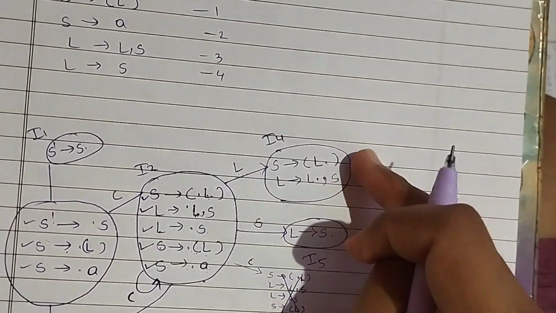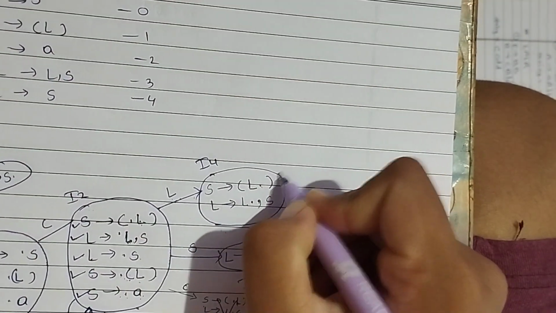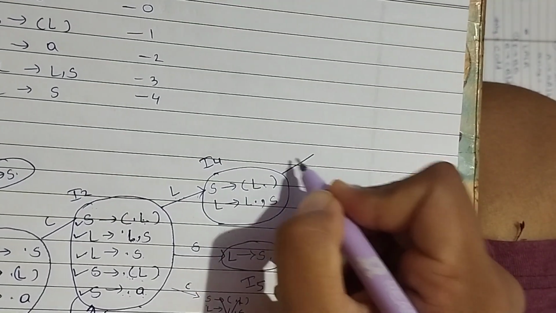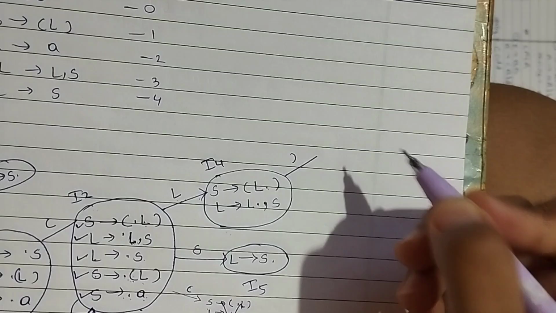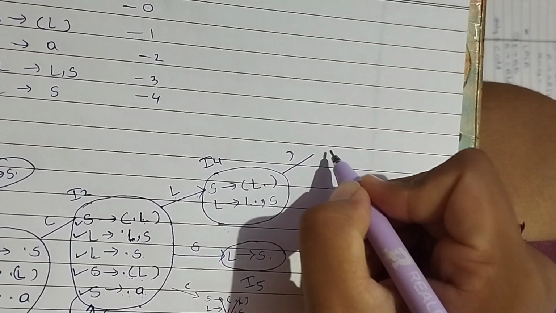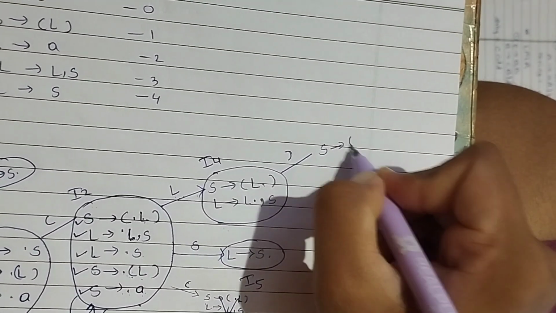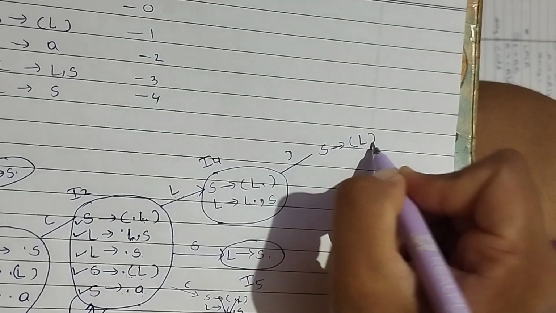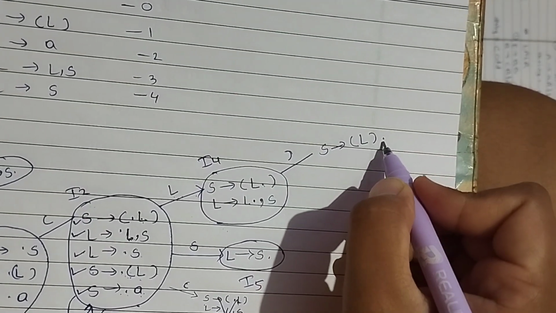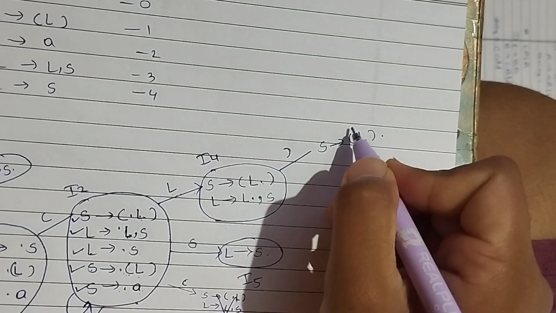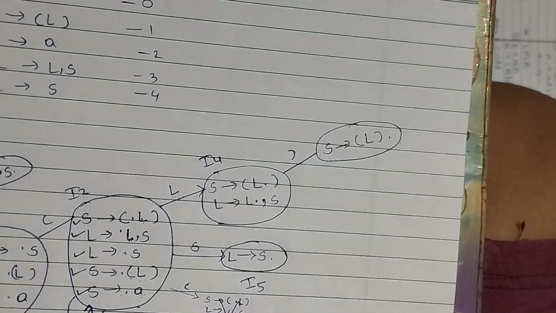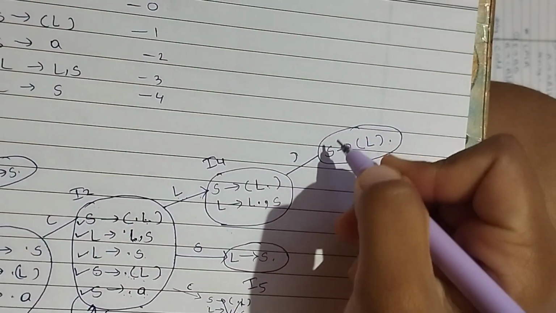No, so we need to explore further. Let's create one more state with respect to the closing bracket. After the dot the closing bracket is present, so S → (L)·. Do we explore anything more here? No, because after the dot nothing is present. So this is a separate state, and let's suppose it is I6.